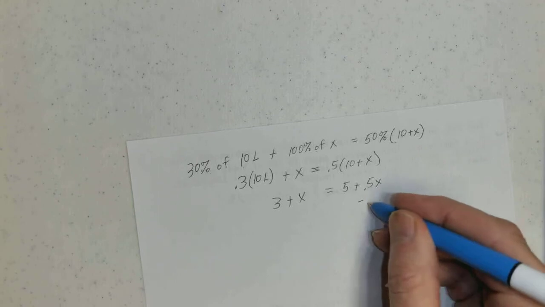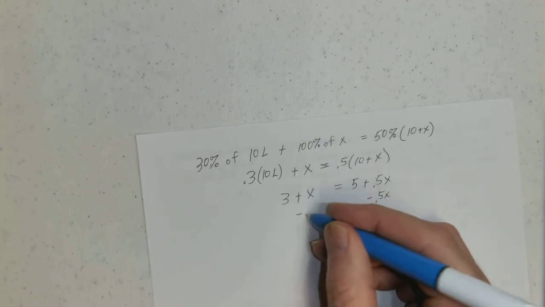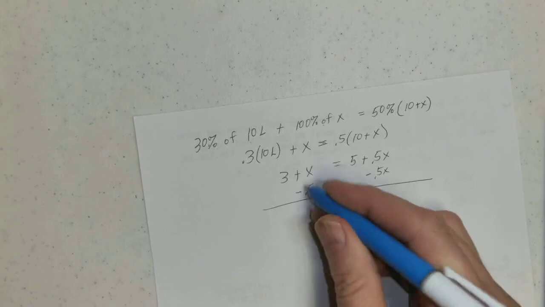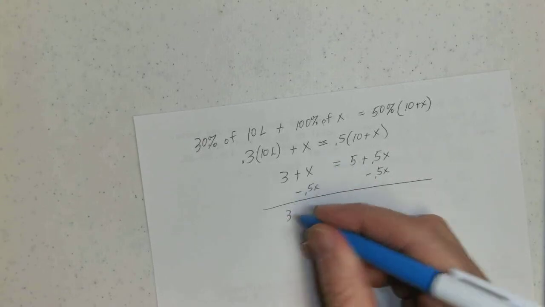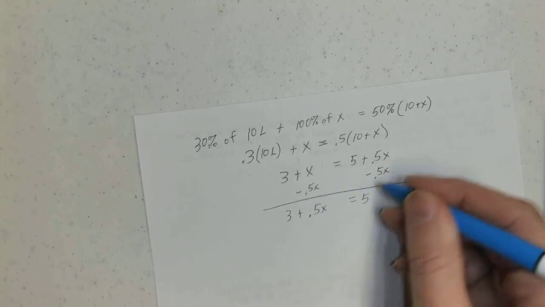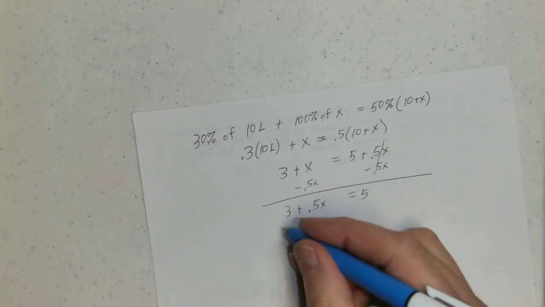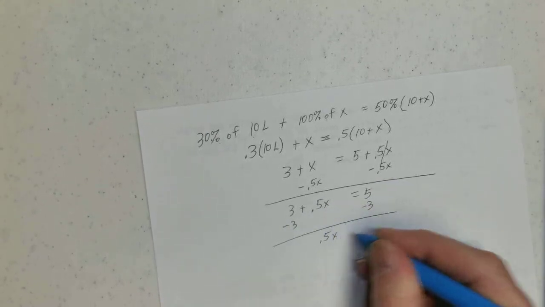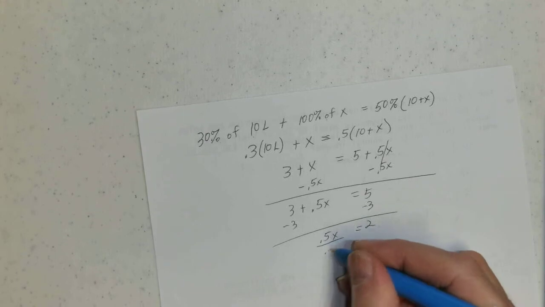I'm going to subtract 0.5X from both sides. So I have 3 plus 0.5X equals 5. Subtract 3 from both sides. I got 0.5X equals 2.